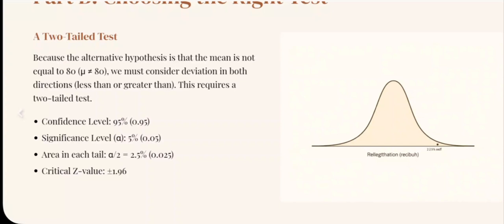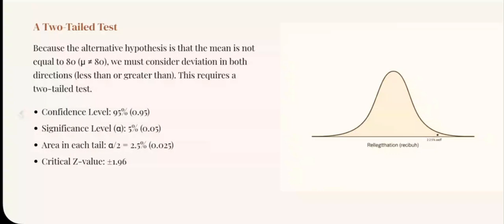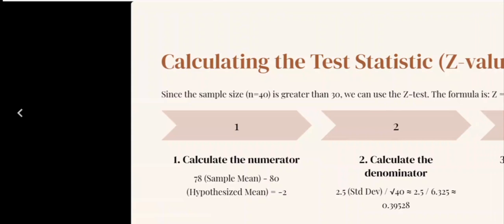Now the z-value that corresponds to a 95% confidence level is 1.96. So these are the critical values. They separate the rejection region from the fail to reject region. The shaded area is the rejection region.